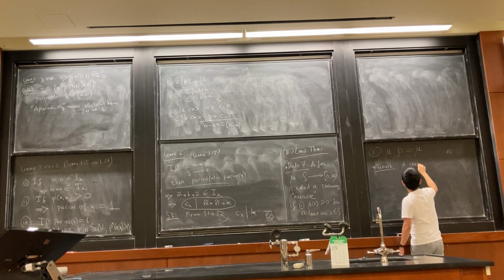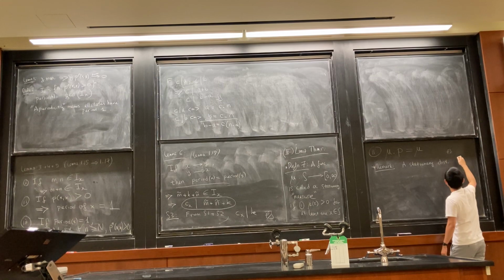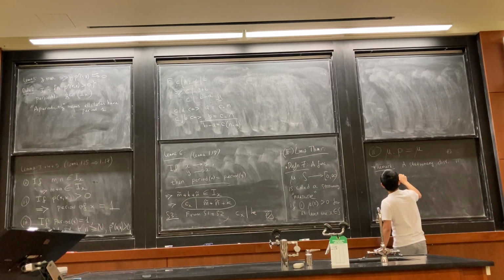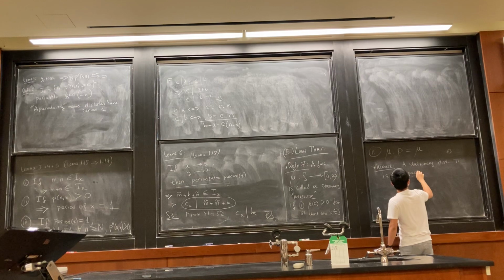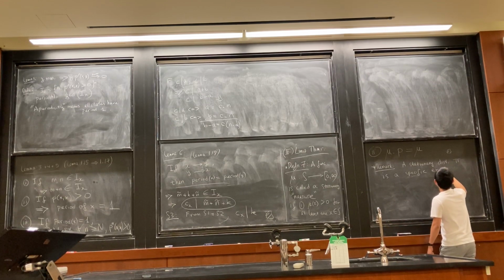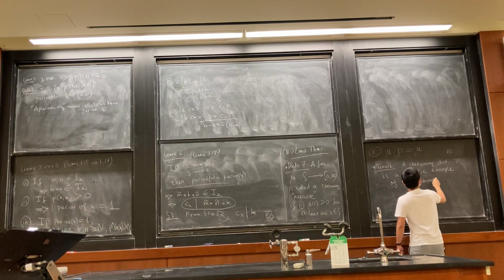A stationary distribution, which I denote as pi, is basically a specific example of a stationary measure.